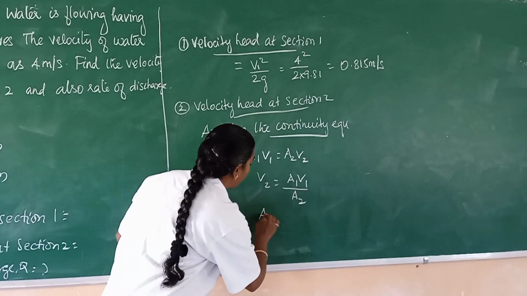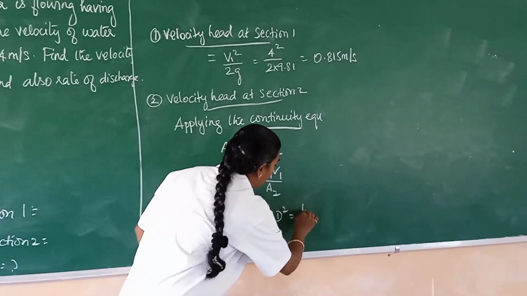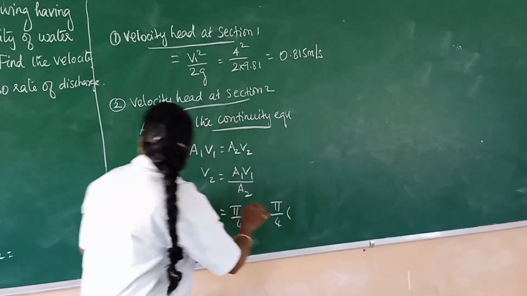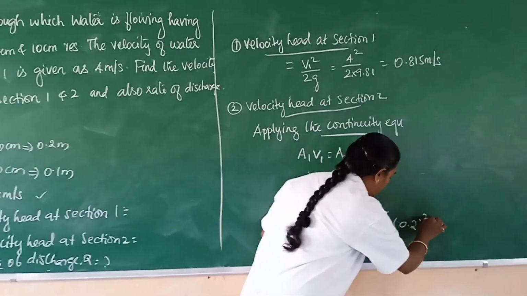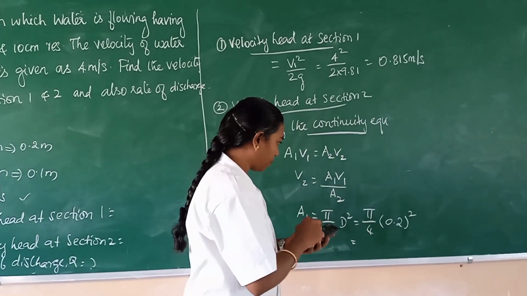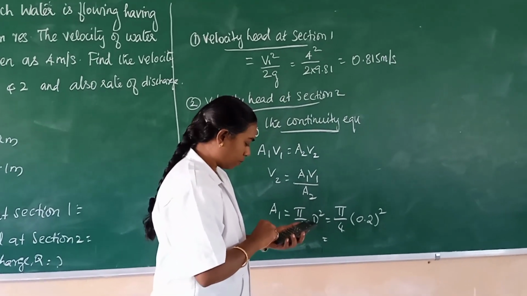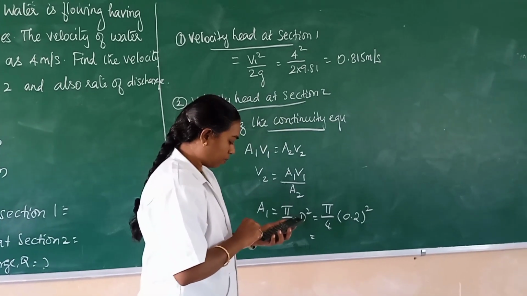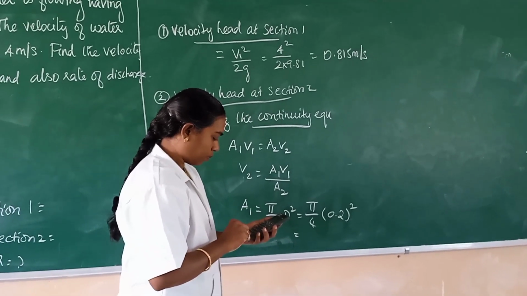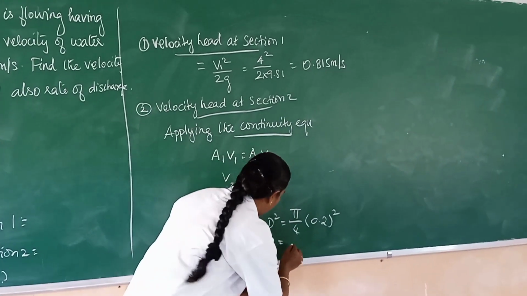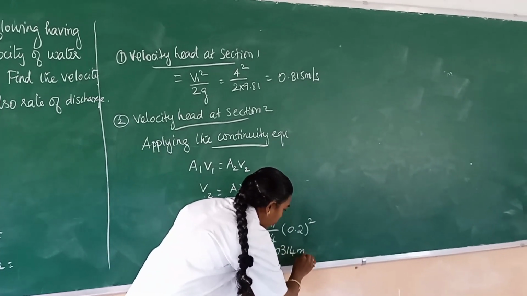First find A1. That is pi by 4 D squared, pi by 4 into D1 value, given as 0.2 squared. So we get A1 is equal to 0.0314 meter square.